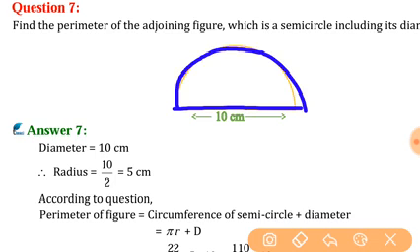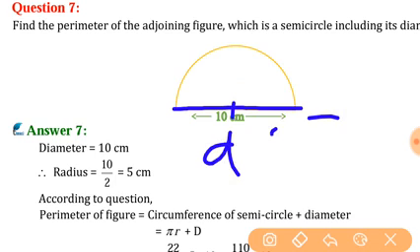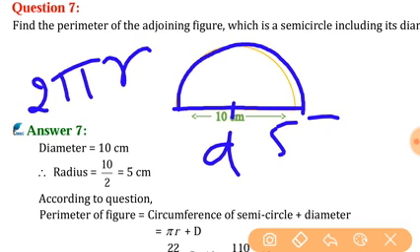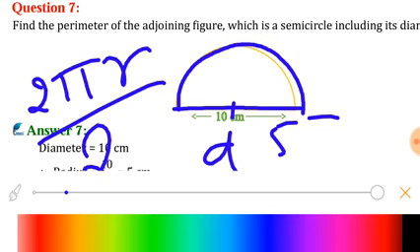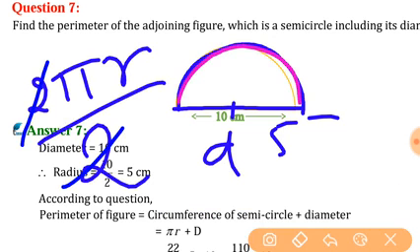So if this is the diameter, what about the radius? 5 centimeter, half of the diameter. The circumference of this circle is not full, it is half, so instead of 2 pi r, I can use half of it, only pi r.